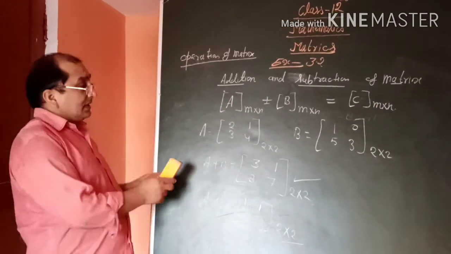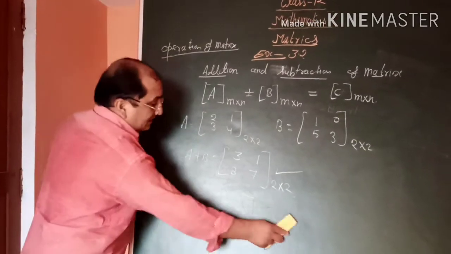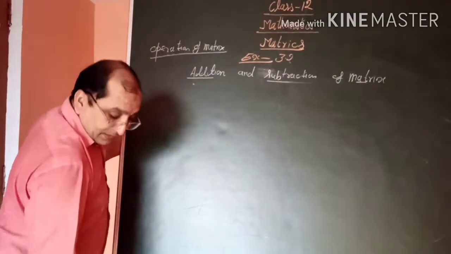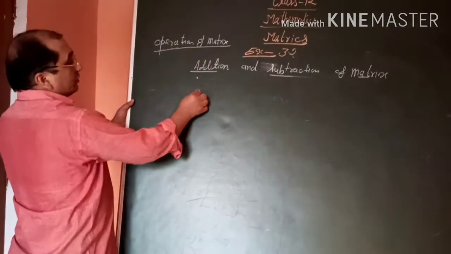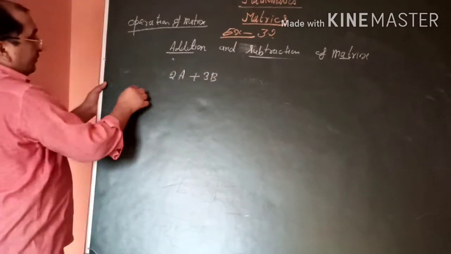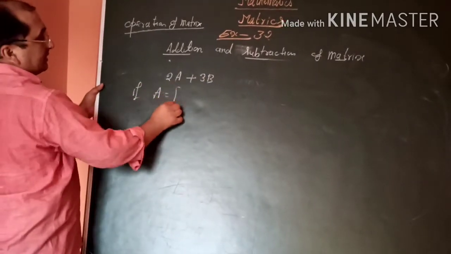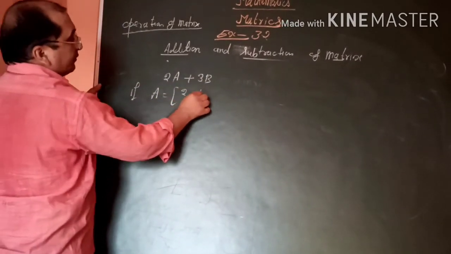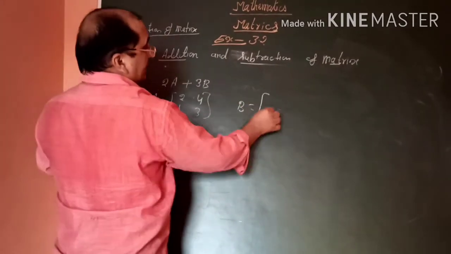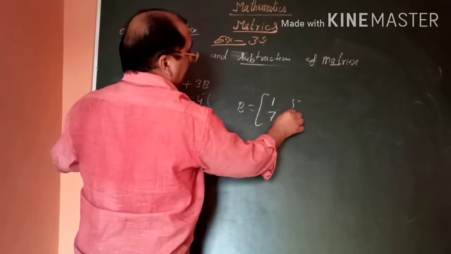And one more thing, scalar multiplication of a matrix. Suppose 2A plus 3B, where A is a matrix like 2, 4, 1, 3 and B is another matrix 1, 5, 7, 8.